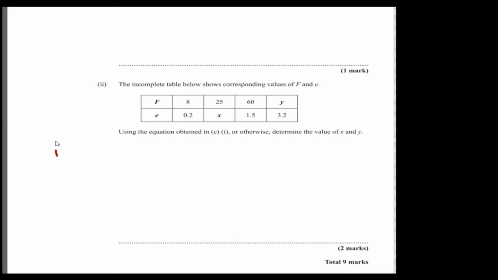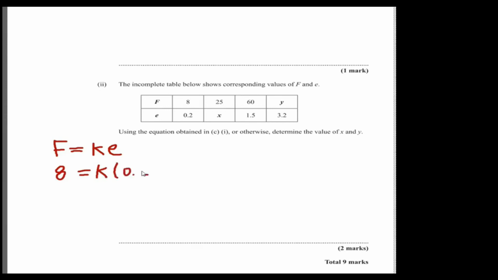We can actually find the constant K and work it out. We can say F is equal to K times E. Then using when F is 8 and E is 0.2, we see that 8 is equal to K times 0.2.